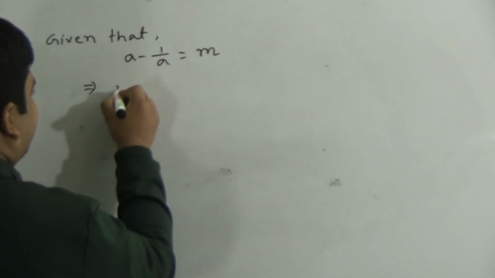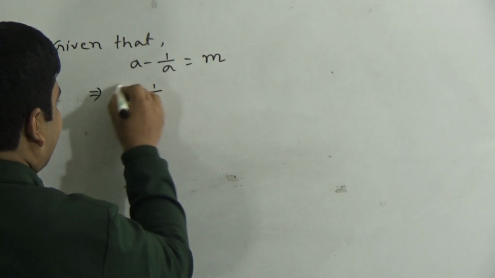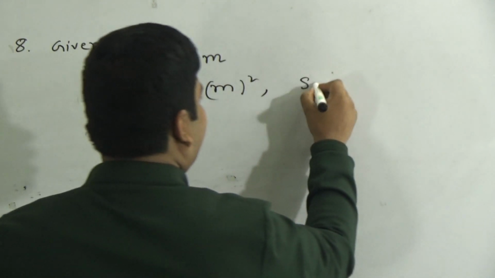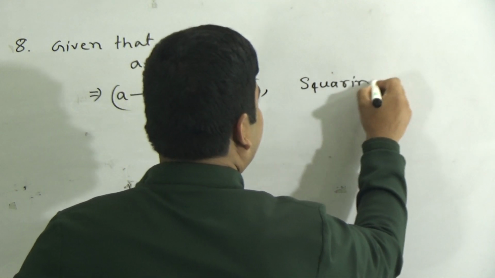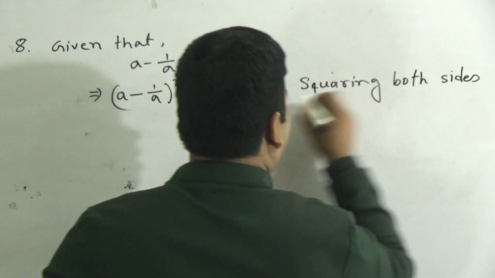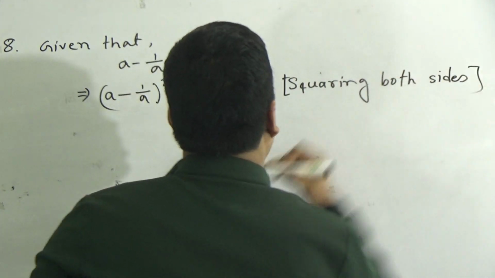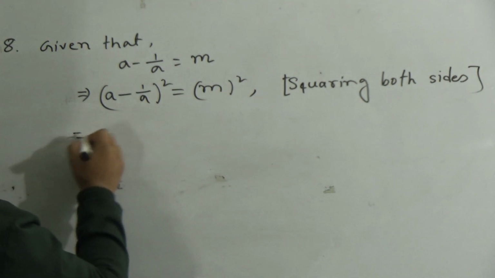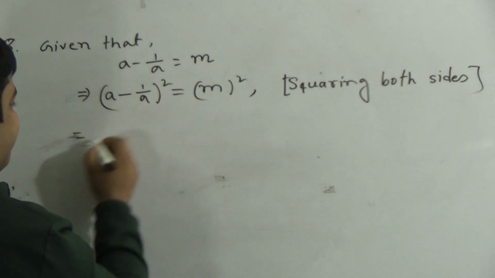Now I square both sides: (a minus 1 by a) whole square equals m square. This is the side note, squaring both sides, you must give it. Now here we use the a minus b whole square formula.